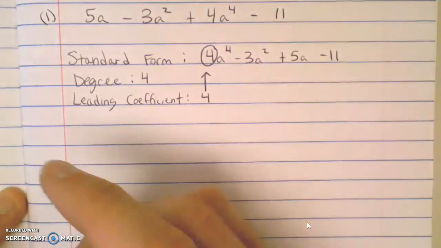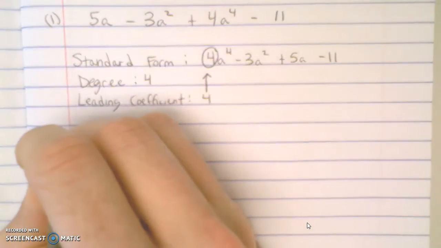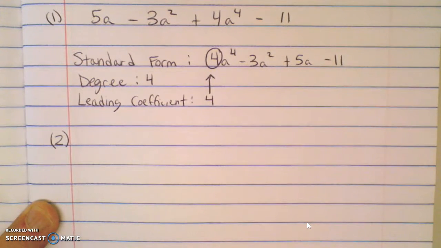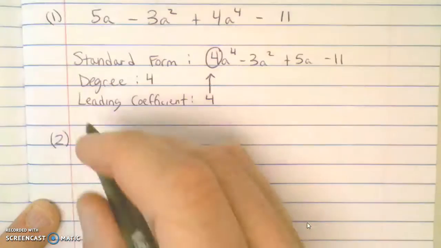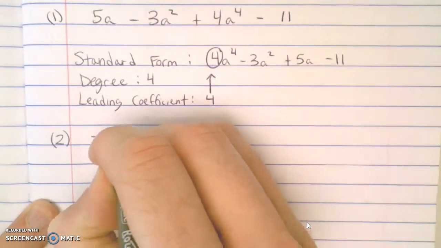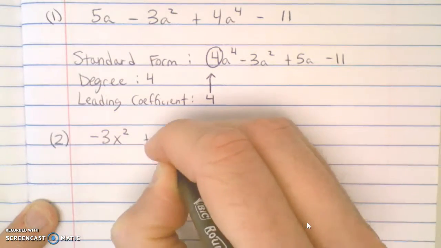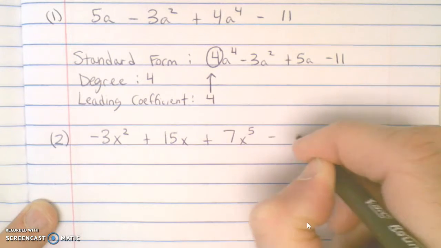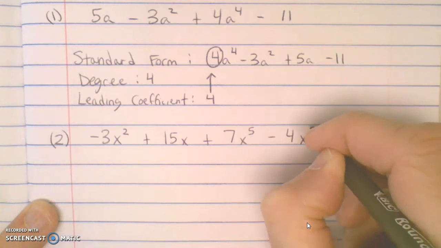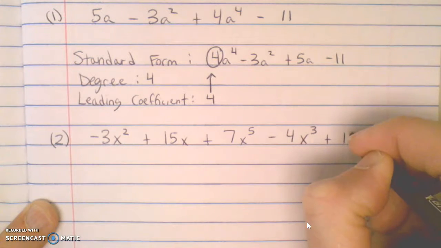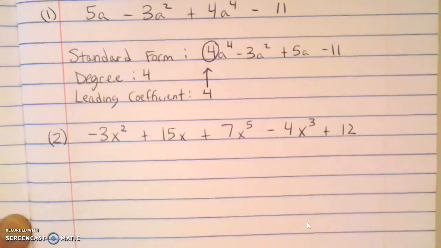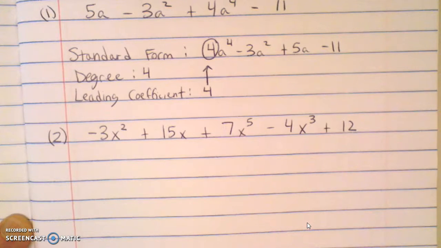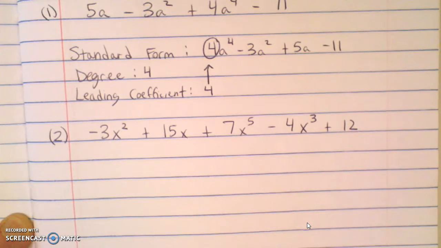Okay, let's try 2 more examples, and then you should be able to do these ones without me. So I'm going to give you a polynomial, you rewrite it in standard form, and identify the degree and leading coefficient. So let's say I gave you that polynomial, negative 3x squared plus 15x plus 7x to the fifth minus 4x cubed plus 12.